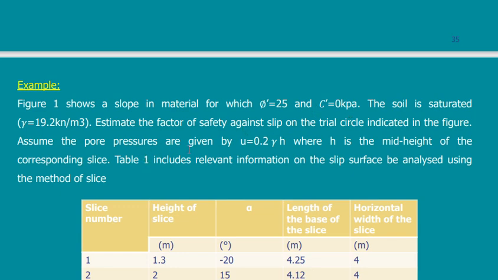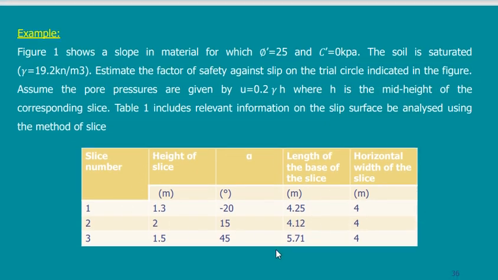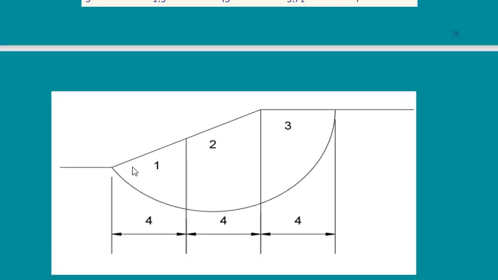Assume the pore pressure of water U is 0.2 gamma H, where H is the mid-height of the corresponding slice. He gave me this data instead of making me calculate it, because to calculate it I would have to study lots of things.